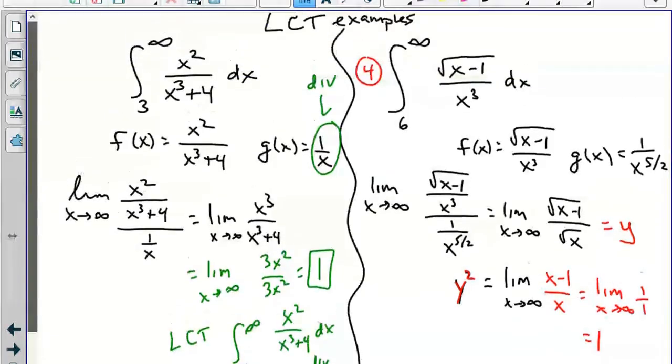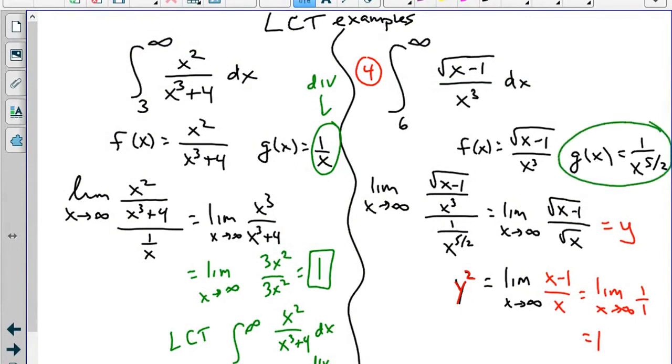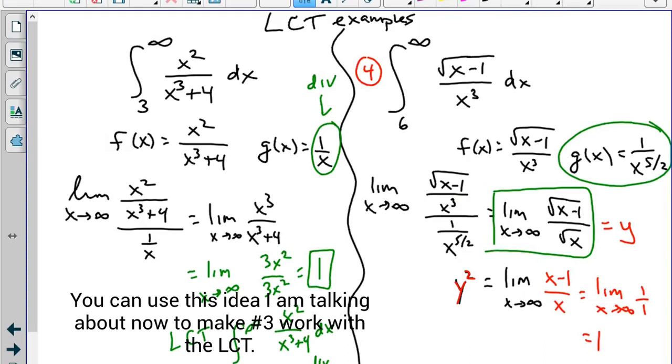So that's one thing. Another one, problem 4 on the front, we could take an approach where I use the limit comparison test. I know I used the direct comparison test on the front, but if I make g of x equal to 1 over x to the 5 halves, I do a little bit of algebra, and I end up with this situation. Now, if I did L'Hopital's rule, I'm not ever really going to be able to cancel anything out.